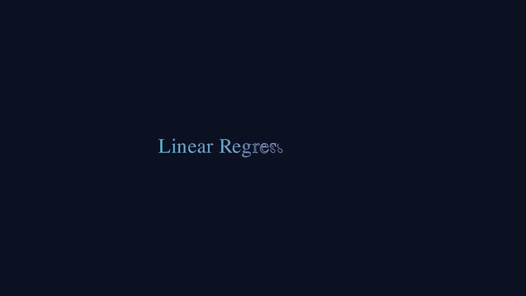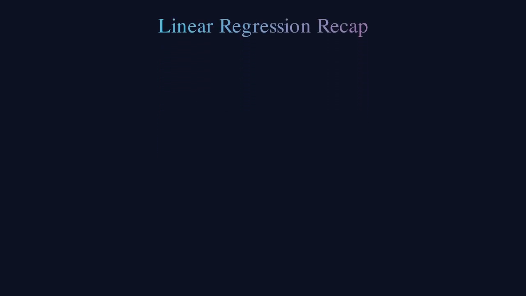Now let's move on to the next topic, a linear regression recap. We all know logistic regression is kind of an extension of linear regression, where linear regression predicts output on a particular line where the output can be between minus infinity and infinity. What logistic regression does is squish the output of linear regression to between 0 and 1.